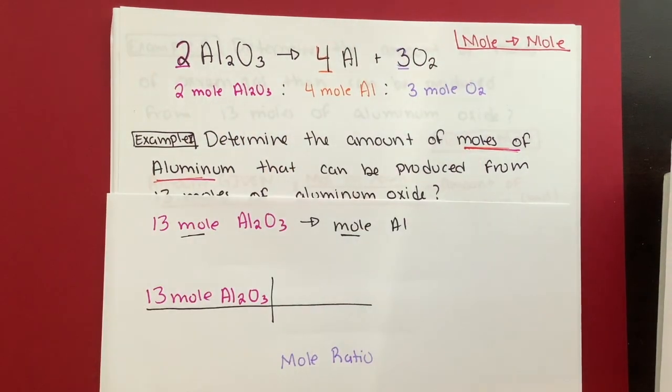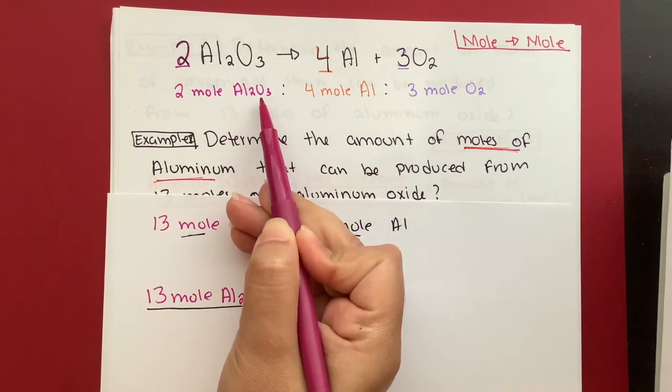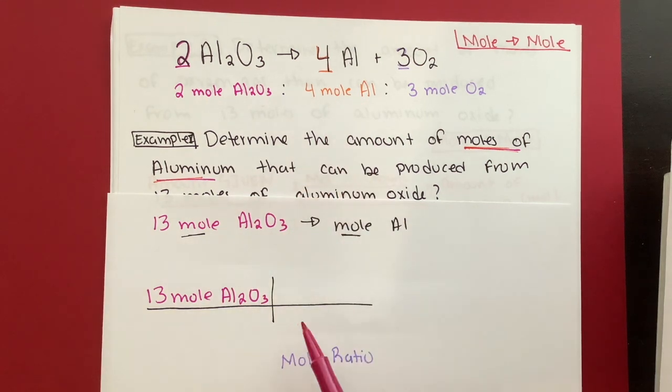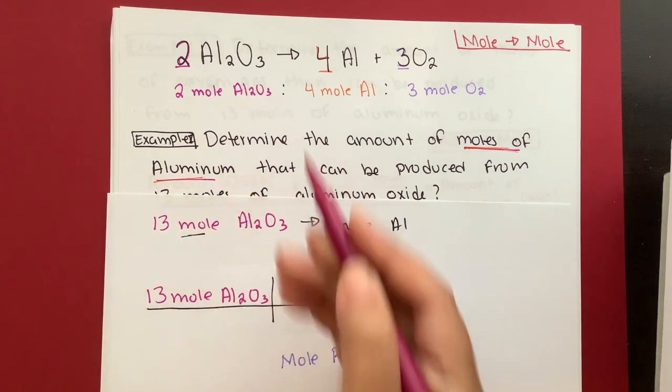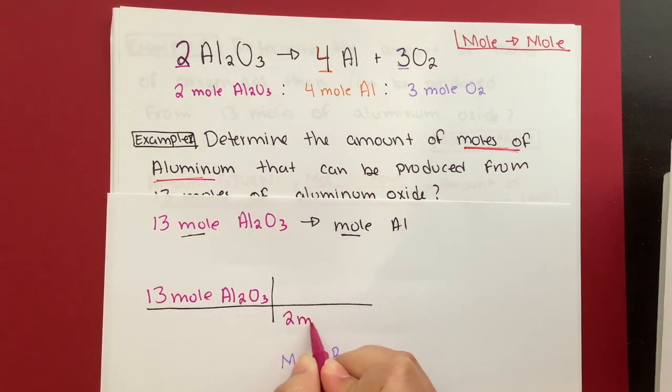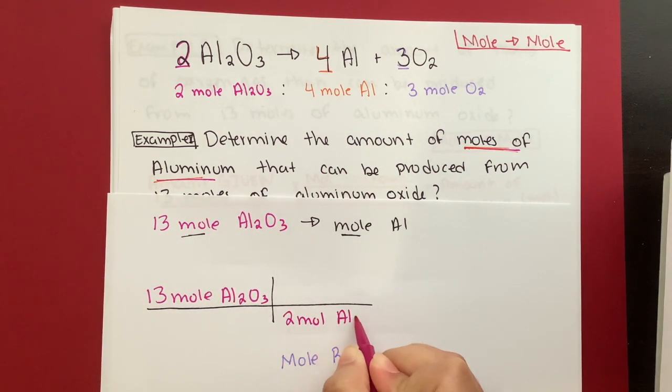Now the next step is to decide who goes in the bottom and who goes in the top. Okay? Remember that when you write it down, this is going to help you determine whether 2 moles of aluminum oxide or 4 moles of aluminum is going to go in the bottom. So who's going to go in the bottom? 2 moles of aluminum oxide.